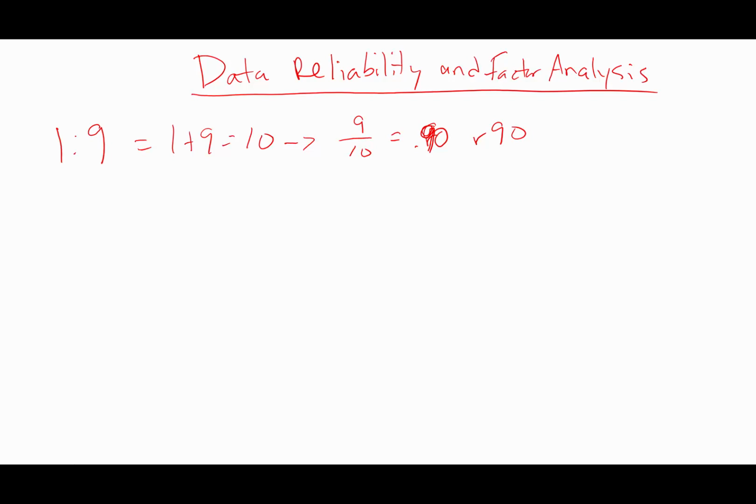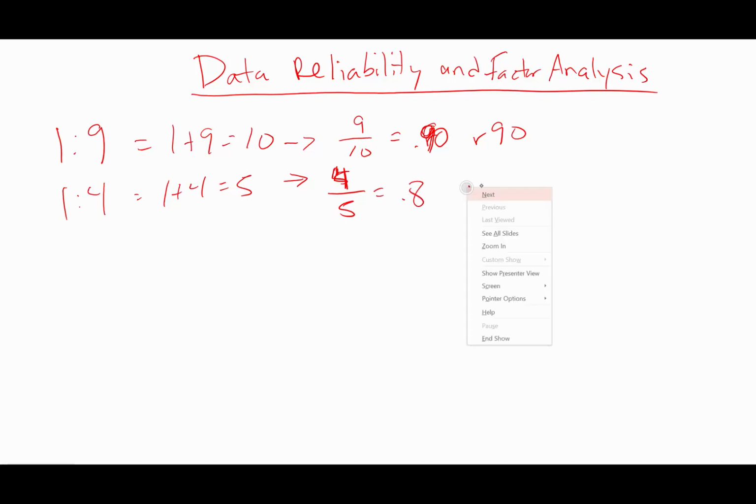They also did 1 part error to 4 parts structural, so 1 plus 4 equals 5. That's 4 out of 5, giving us 0.8, so calling this R80.